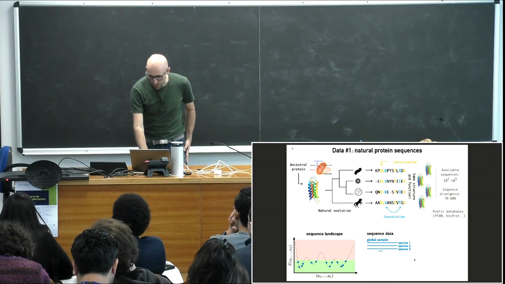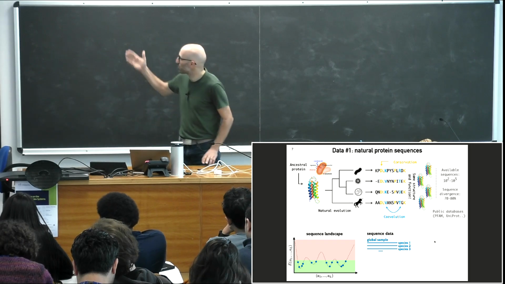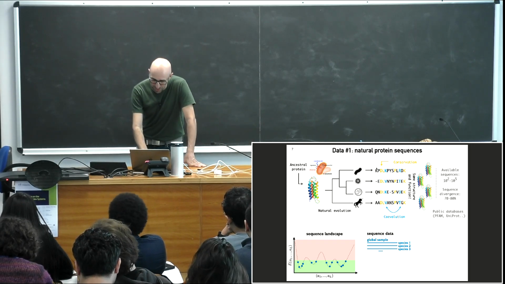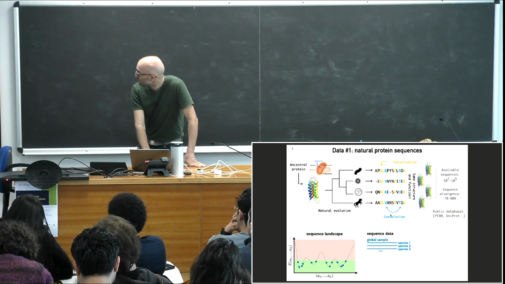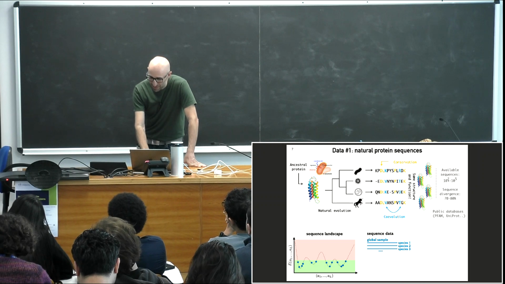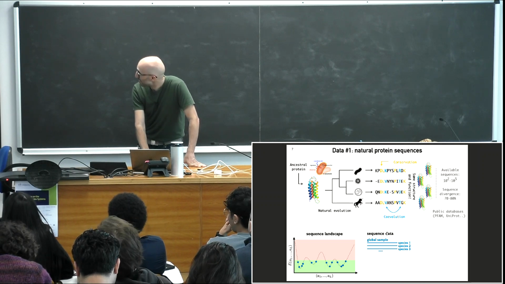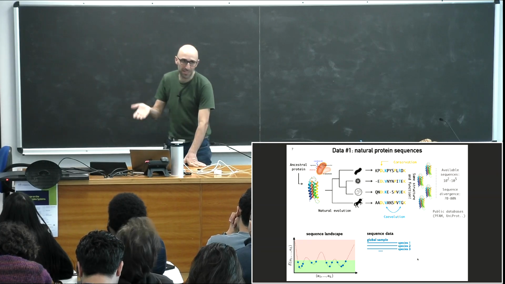So the idea is to use this as a sample. So this will be our data. So the length of the protein is L, typically about 100, and we have M sequences that will be typically between 10 to the 2 and 10 to the 5. And the idea is to use this as our data to train a model, and we will train the model by maximum likelihood.